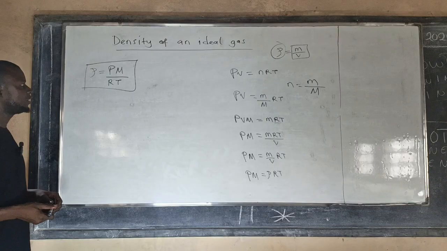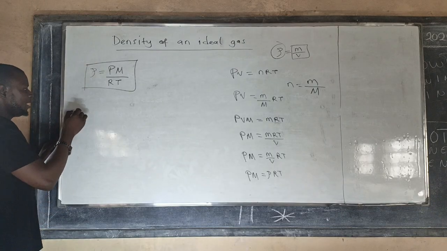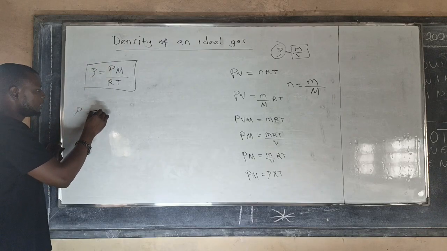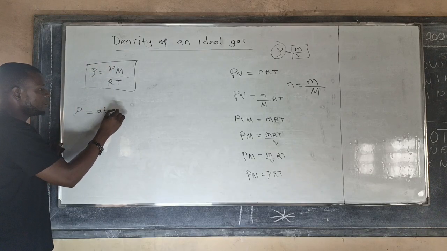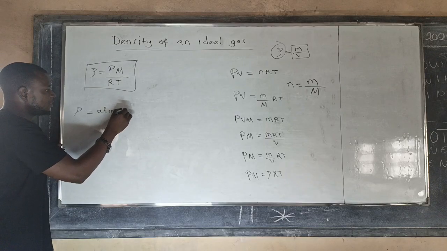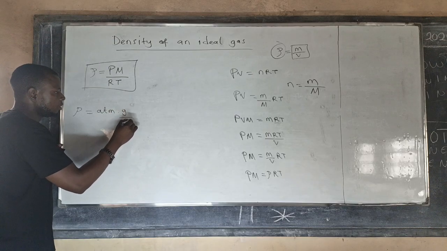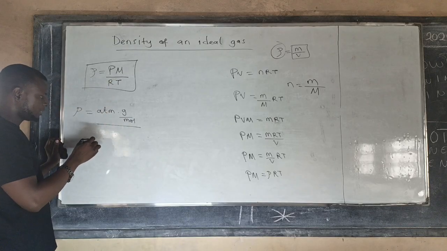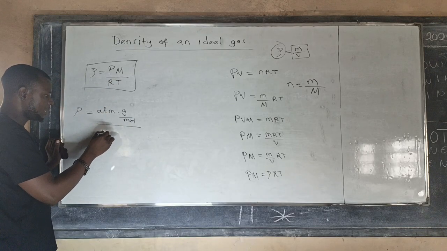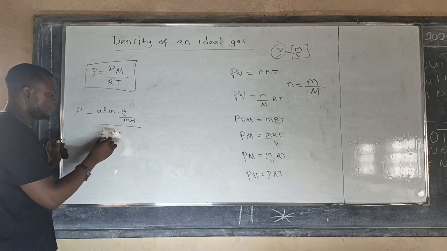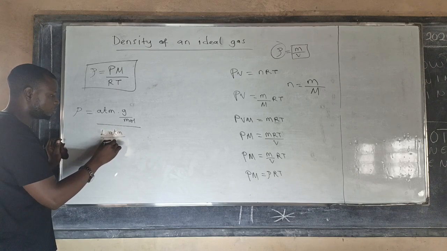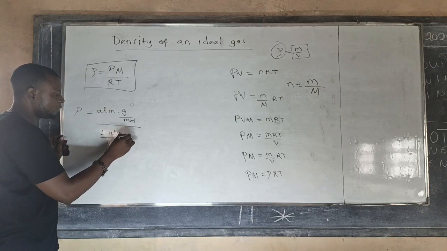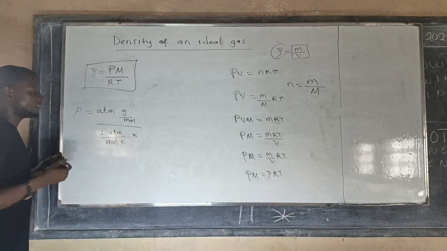Now let's determine its units. Density is equal to the pressure in units of atm, multiplied by the molar mass in units of grams per mole, divided by the ideal gas constant, which has units of liters atm per mole per Kelvin, multiplied by the temperature in units of Kelvins.